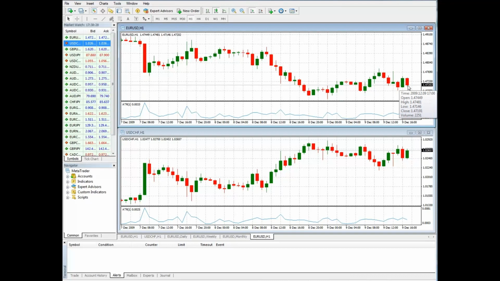Now let's see. Let's say we wanted to go short here. Okay. Now if we go short in the euro dollar, US dollar, for whatever reason we choose to go short, we can offset some of that movement by also going short in the US dollar, Swiss franc.